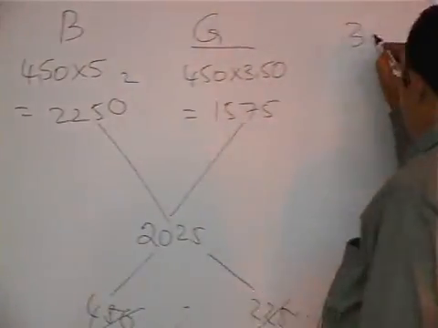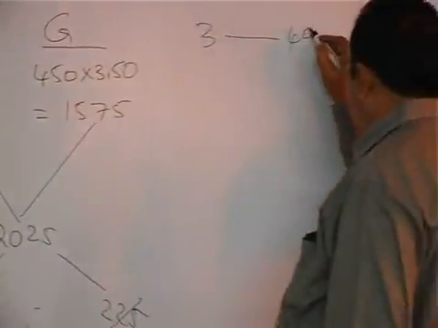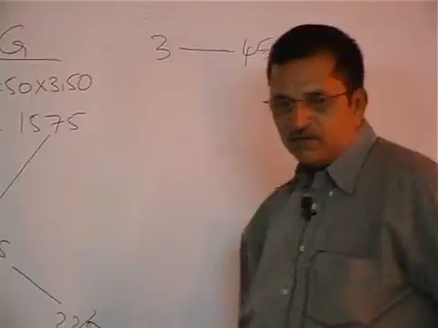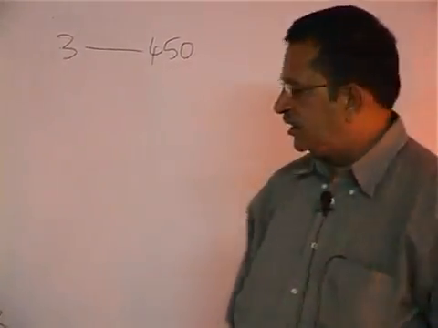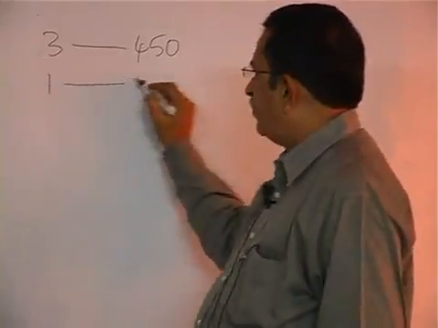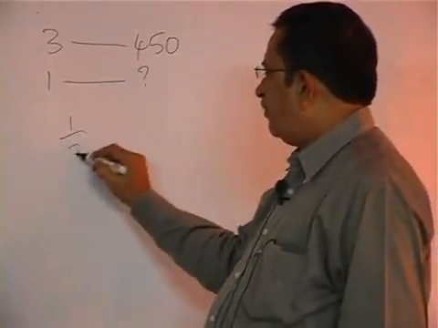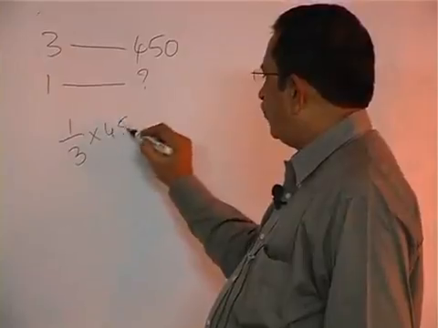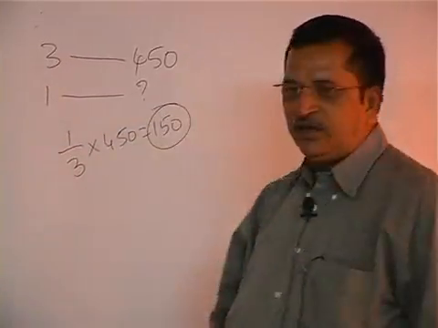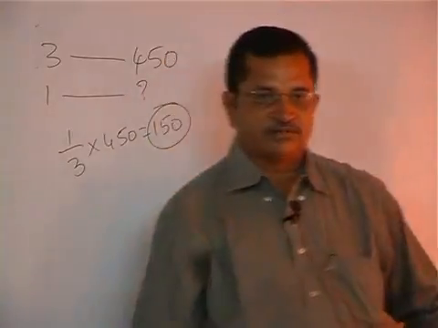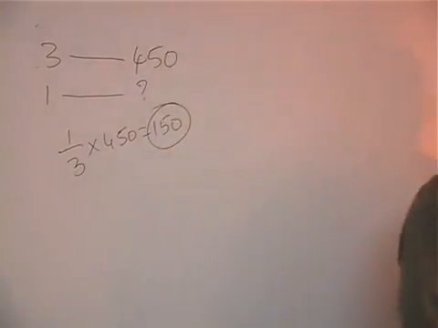For 3 parts there were 450 children. What is the question asked? Boys or girls? Girls. So 1 part will be equal to how much? 1/3 into 450. 150 were the number of girls. Next.